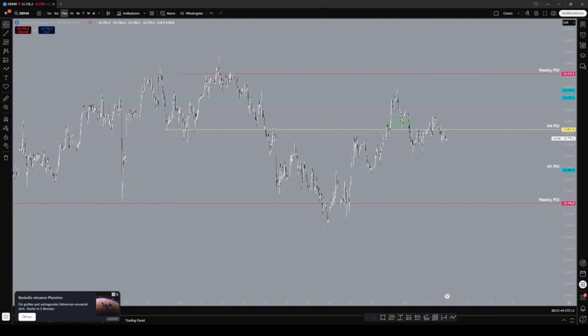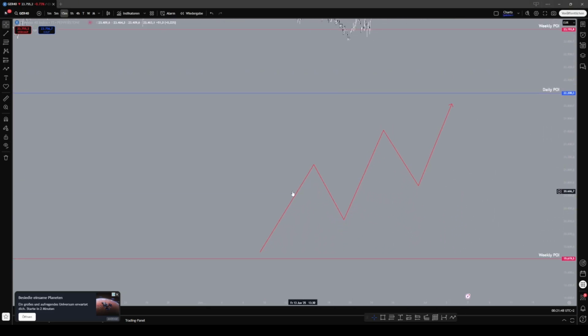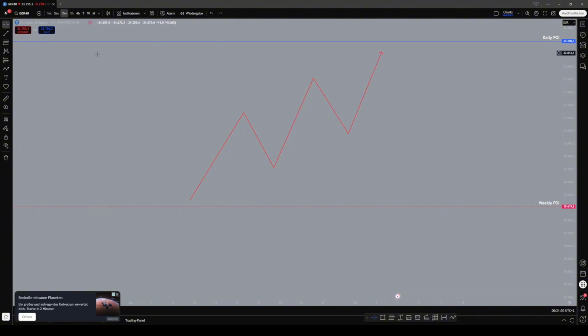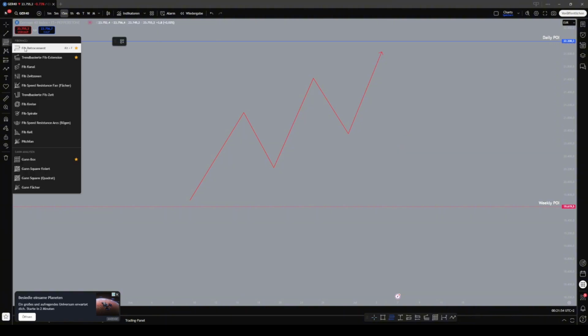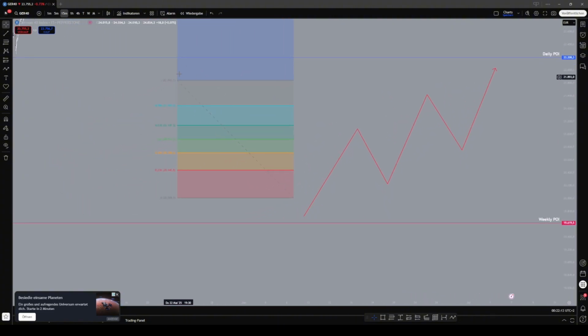I already prepared an uptrend again, but I will also show you how the tool looks when you first draw it. You can customize it yourself and play with the levels around. I will explain that later, but this is what you see on the chart when you first apply it.